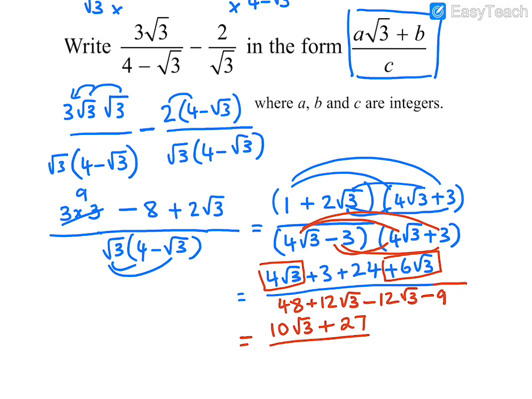We have plus 12 root 3, take away 12 root 3, that just cancels out. And then 48, take away 9, that is going to be 39. So your answer would be A is 10, B is 27, and C is 39.